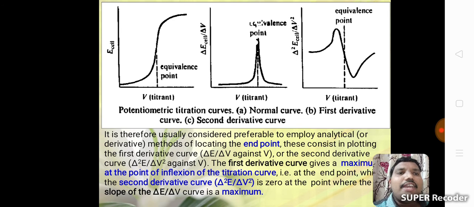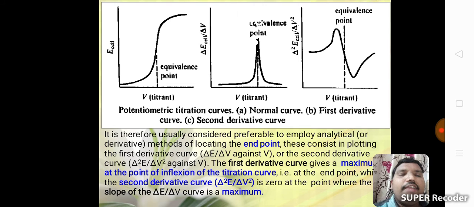The first derivative curve gives a maximum at the point of inflection of the titration curve, that is, at the end point, while the second derivative curve is 0 at the point where the slope of the delta E by delta V curve is a maximum.